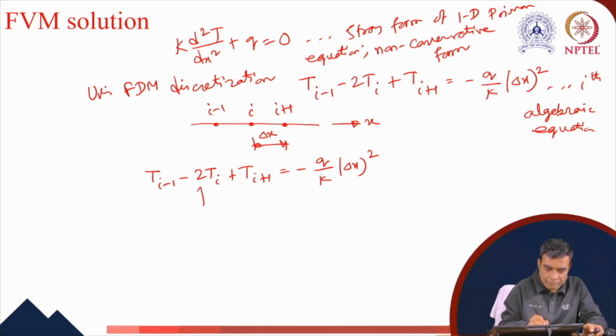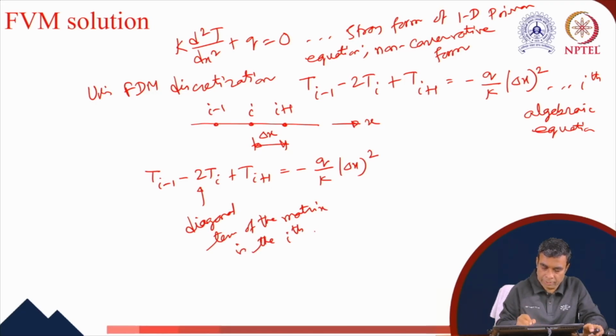So, this represents the diagonal term of the matrix in the ith equation. Similarly, the coefficients of T(i+1) and T(i-1), they respectively represent the super diagonal and subdiagonal terms in the matrix equation system.